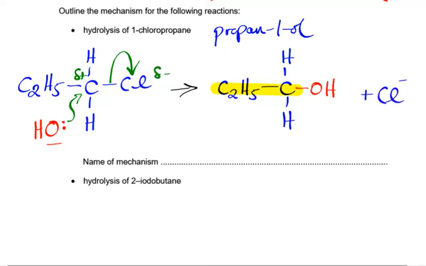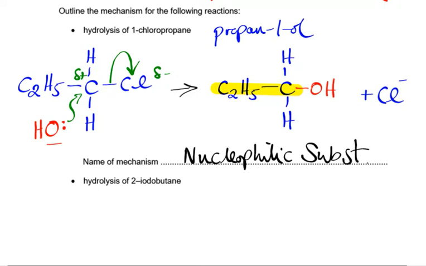And again, we have a halide ion which we've generated. In this case, it's the chloride. Nucleophilic substitution again.